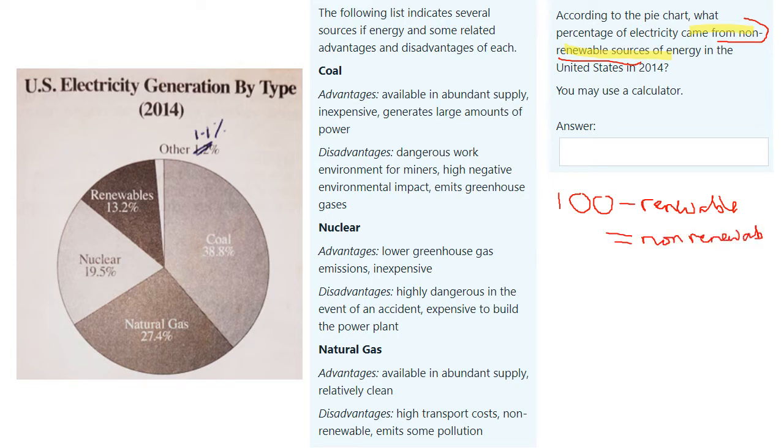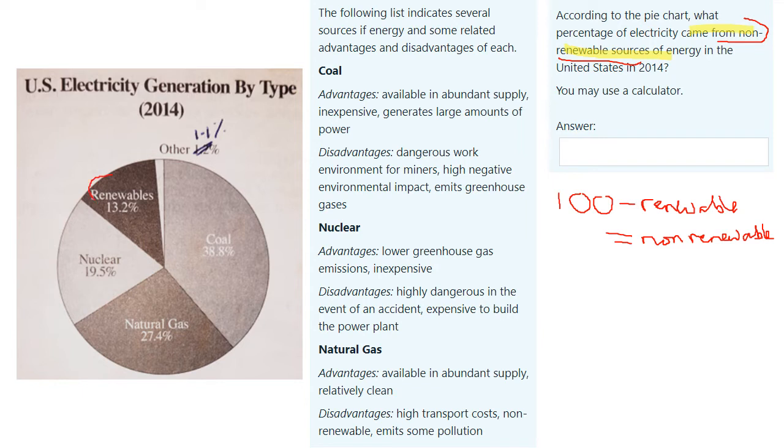Now, don't be confused. Nuclear is an example of non-renewable fuel. Once the nuclear fuel is being used, once it's being broken down, the energy is being released, it cannot be used again. There is a lot of waste that has to be stored somewhere. So nuclear is an example of a non-renewable fuel.